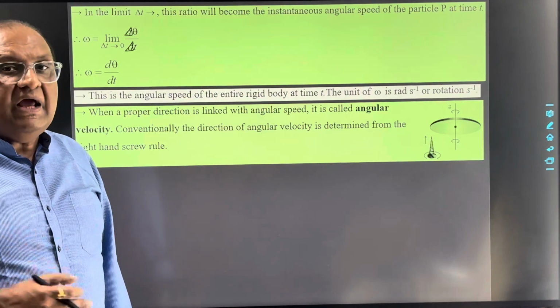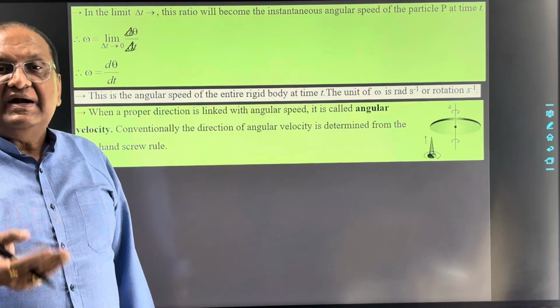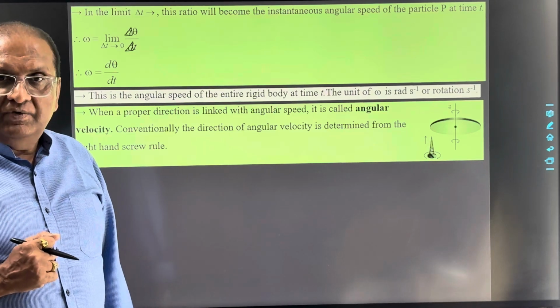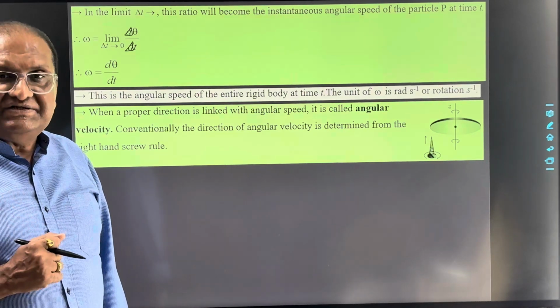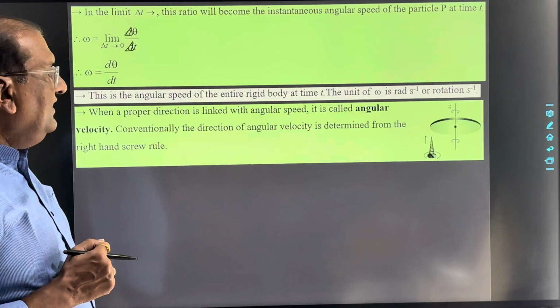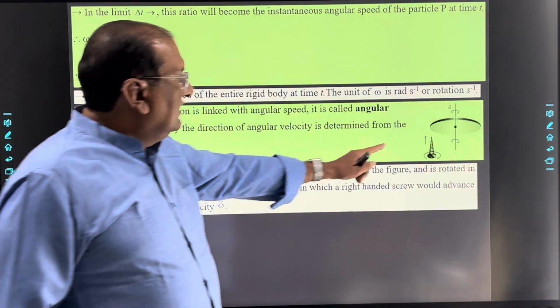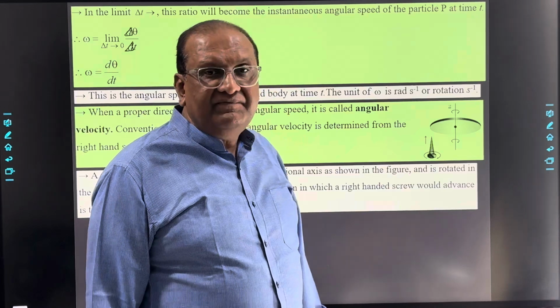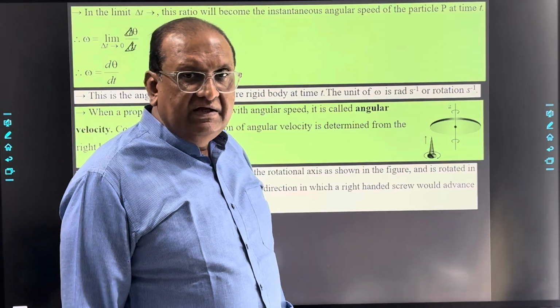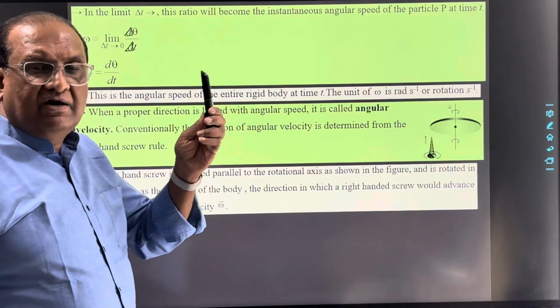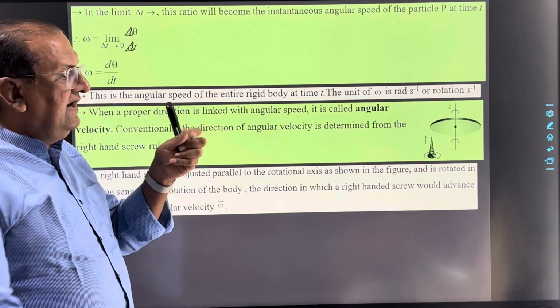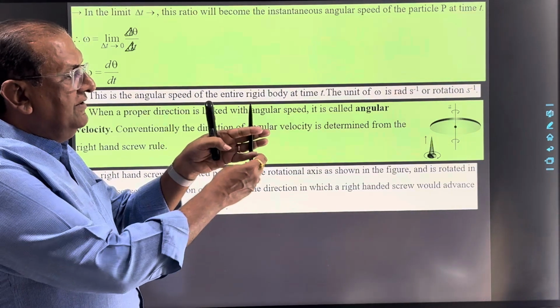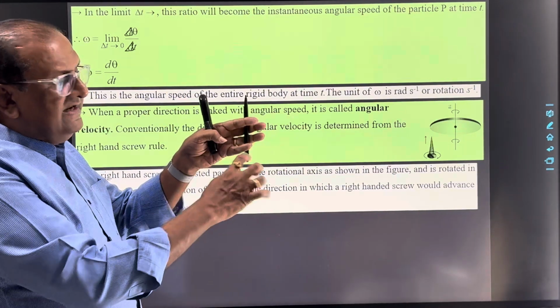Now how do we use this right hand screw to fix the direction? Okay. So we have to place the right hand screw parallel to the rotational axis.